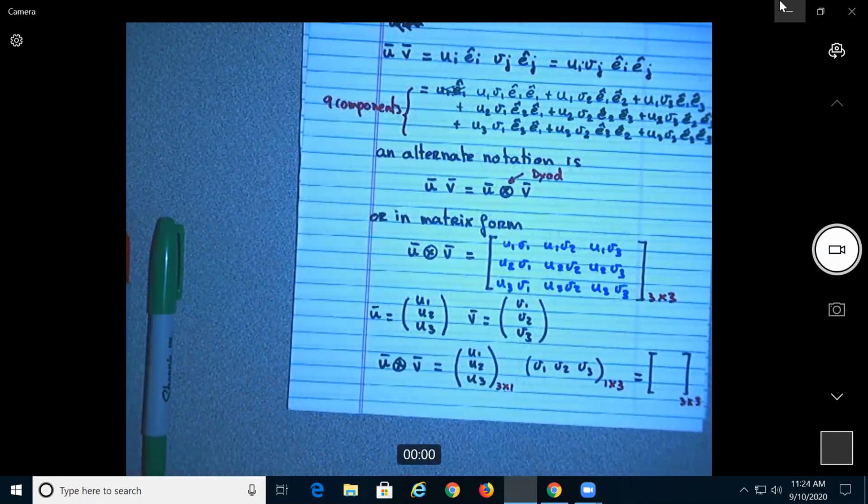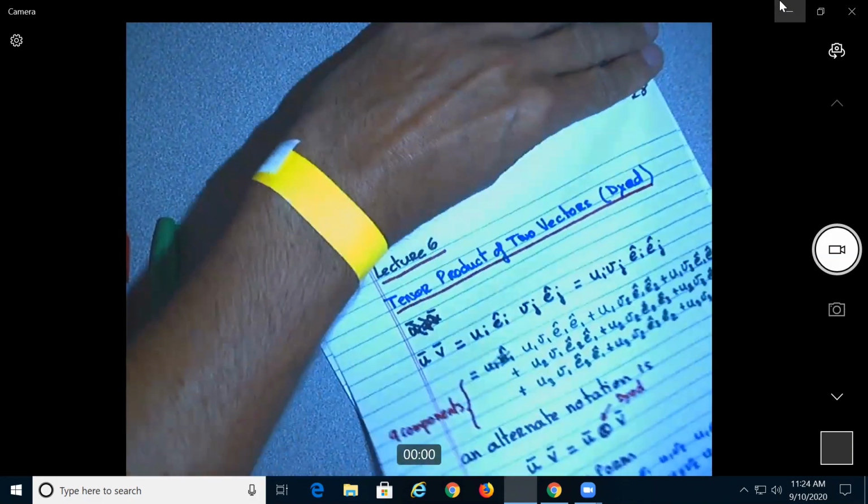All right, so let's do a quick example. This is very simple, but since we're going to use a book, I try to give examples.